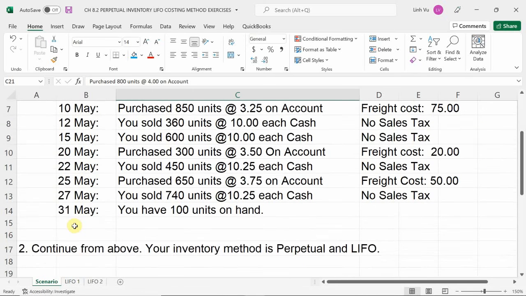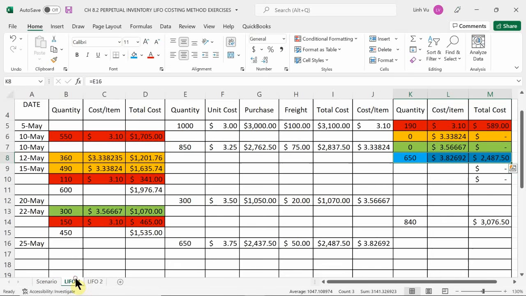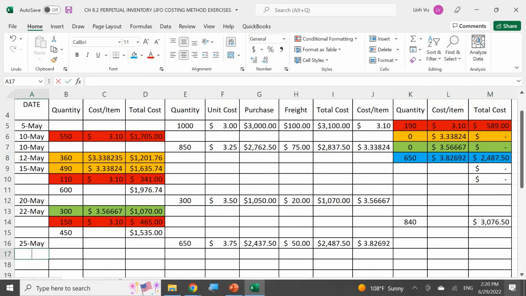So then, last but not least, on May 27, I end up selling 740 units, giving me an ending balance remaining of 100 units left on hand. So 740 that we sold on the 27th. In this case, which batch am I going to take out from?